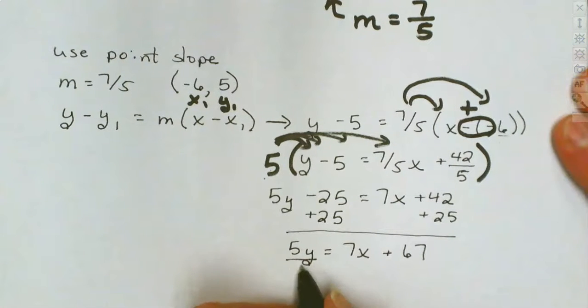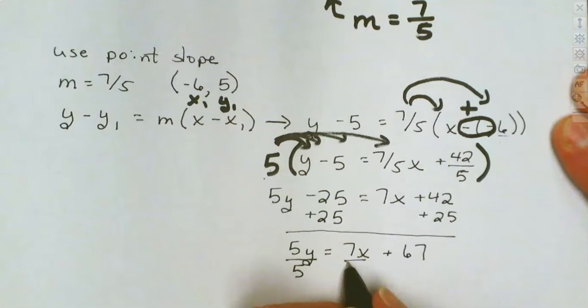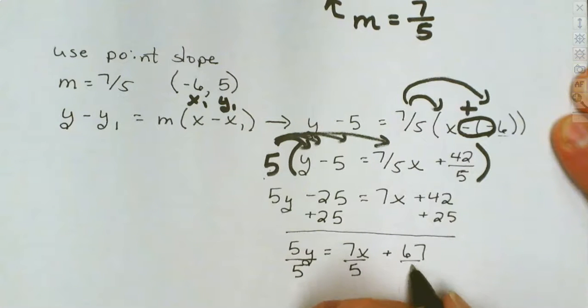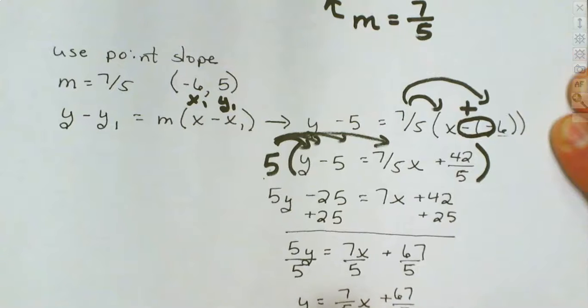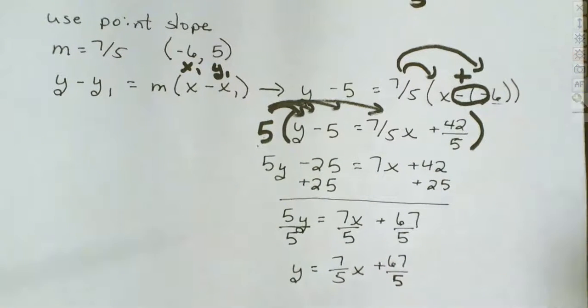Last step is going to be divide all the components by 5. And now we've got y equals 7/5 x plus 67 over 5. And that's going to be our final answer. And that is in the form that we want, which is the slope-intercept form.